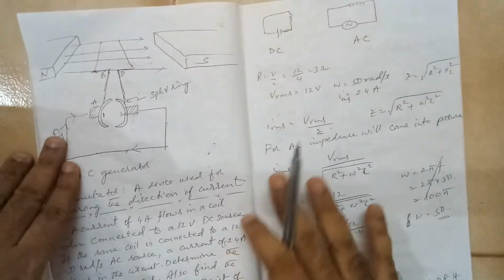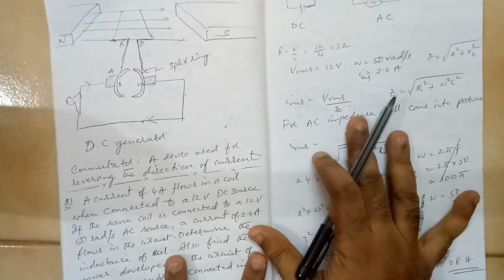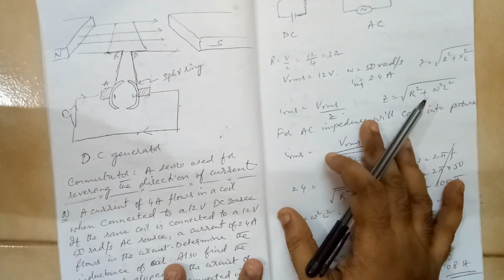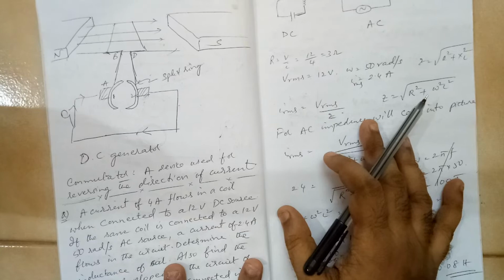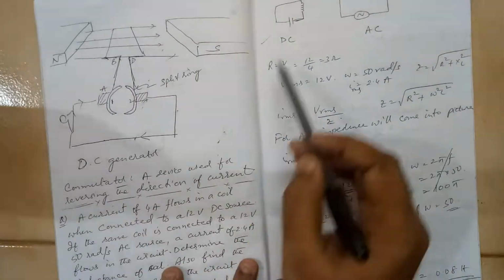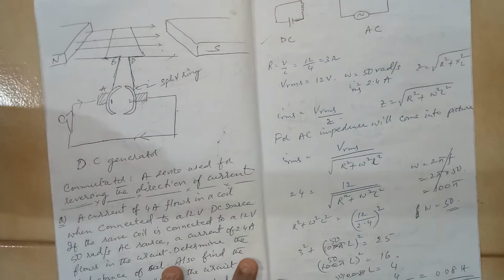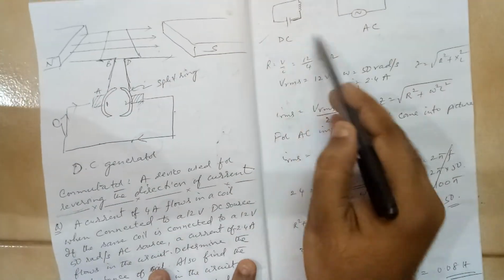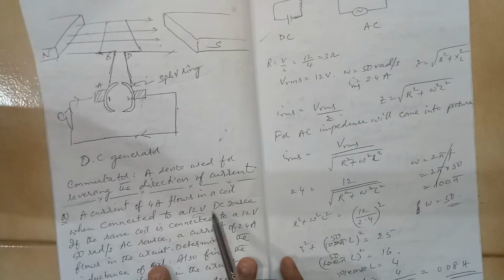Okay, in this question you have a wire and a coil, and that coil has been connected to a DC circuit like this. The battery voltage is given, this is the DC form, and a 12 volt battery has been connected.